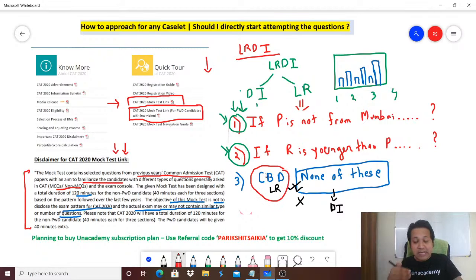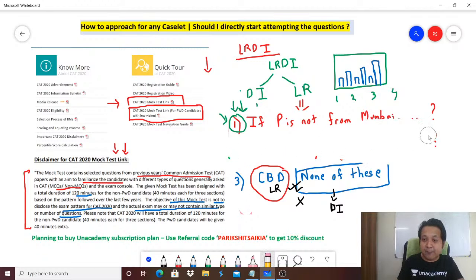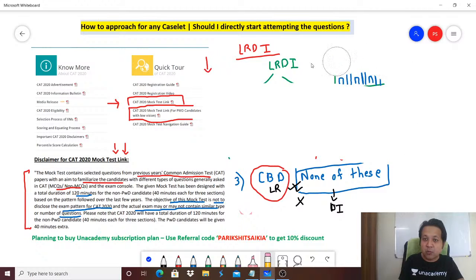Even if you have solved the caselet, and let's say out of the 4 questions, 3 have a cannot be determined answer, what do you need to do? You need to go back to your solution and check if there is another possibility in your caselet which you have left out.